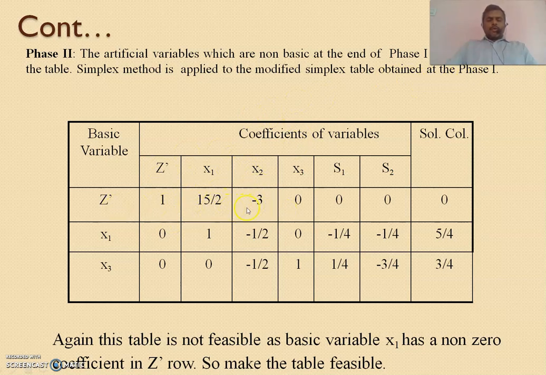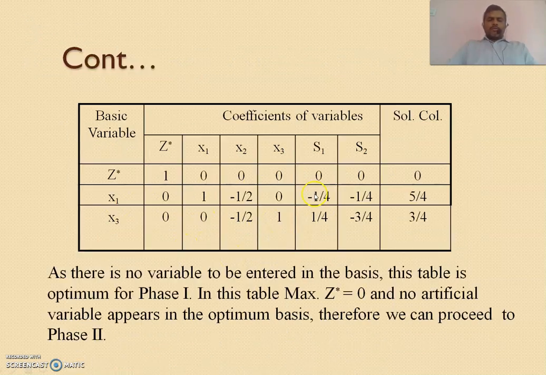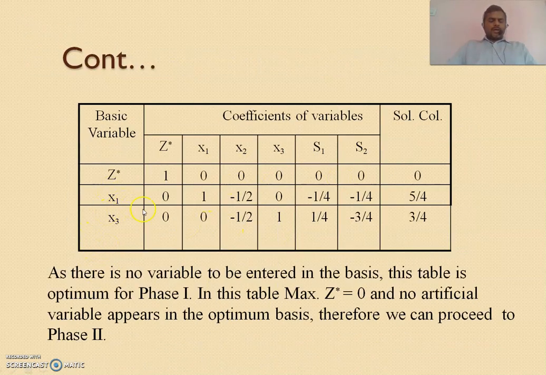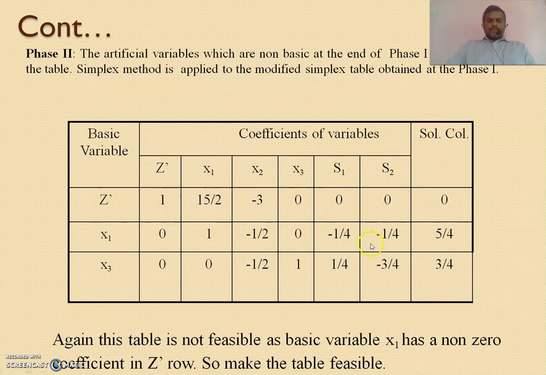Here we will use original objective function coefficients, and these are the elements we will copy as it is from this table. These are the same variables which appear here. Same elements we have copied in this table. Only this is changed. Only original objective function coefficients we have used.